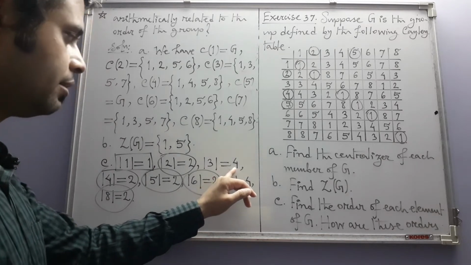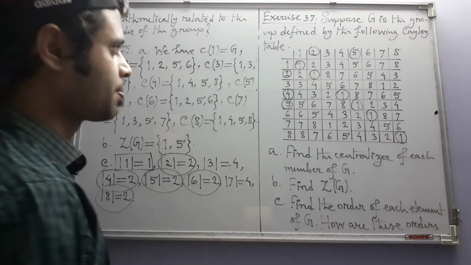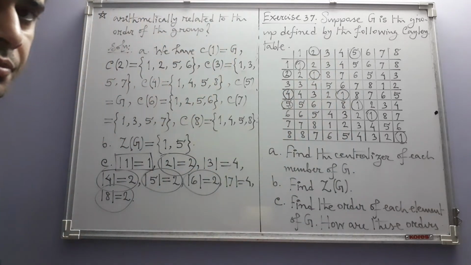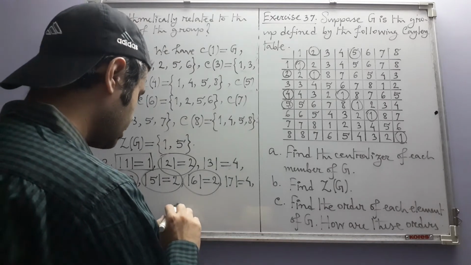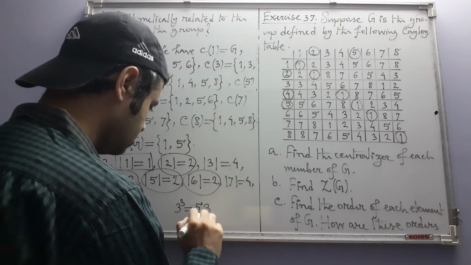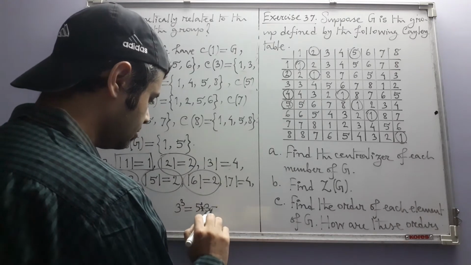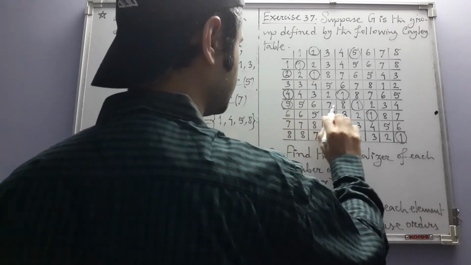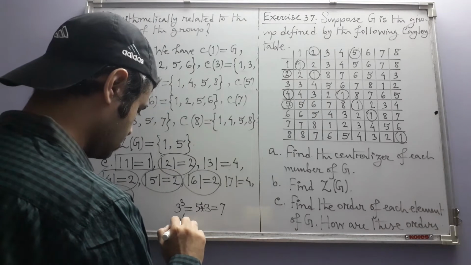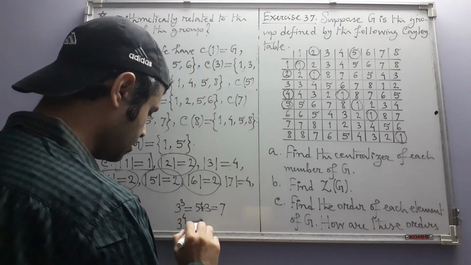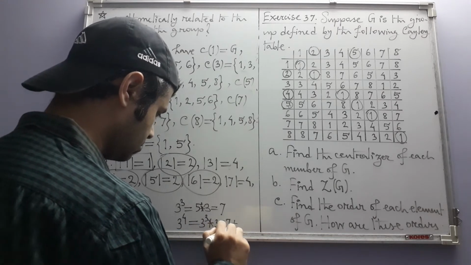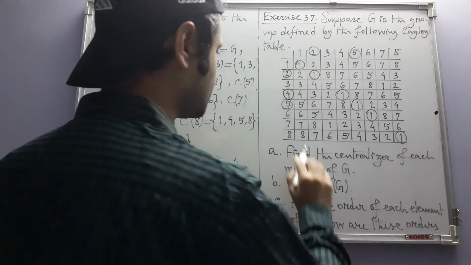Let's also see why the order of 3 is 4. What is 3 squared? 3 squared gives us 5. Okay. And 3 cubed is 5 operation 3, which is 7. 3 to the power 4 is 3 cubed operation 3, 7 operation 3.